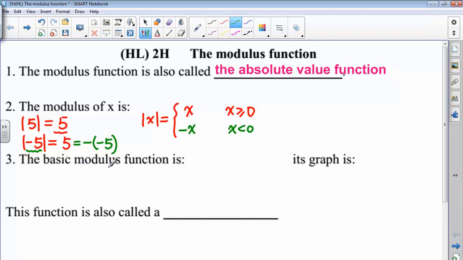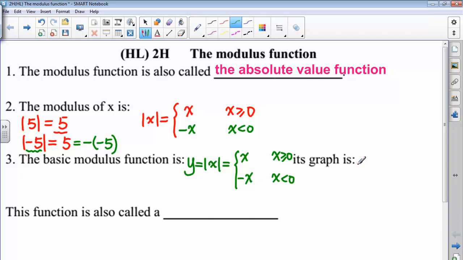The basic modulus function is y equals the absolute value of x. Just as what we did here, when x is greater than or equal to 0, the absolute value of x is just x. When x is negative, the modulus of x is negative x.